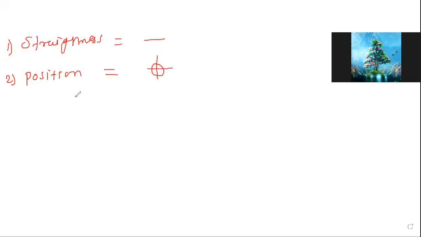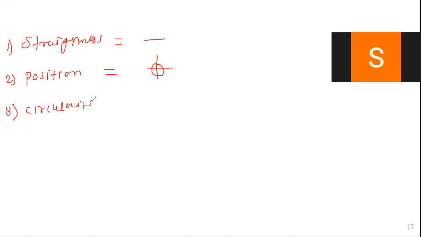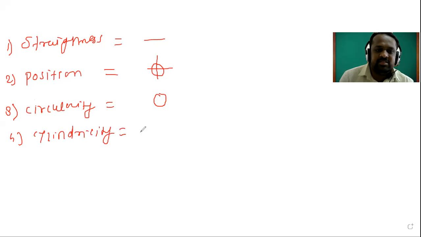Then tell me the symbol for the circularity. Just a circle, we have to draw the circle. Then tell me the symbol for the cylindricity. Circle and two lines.